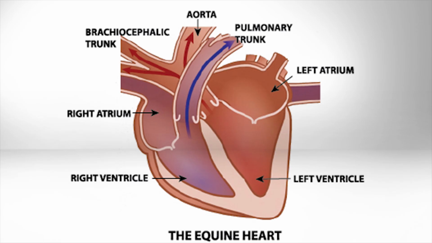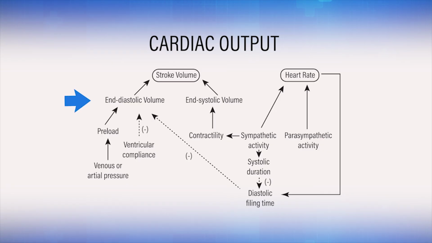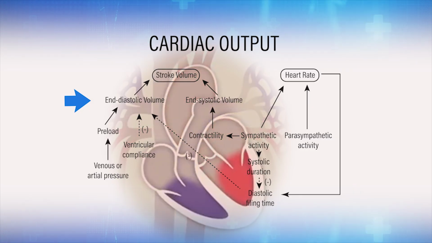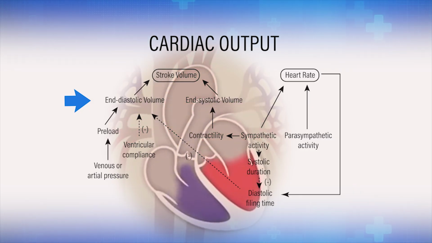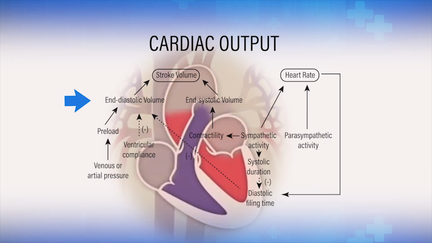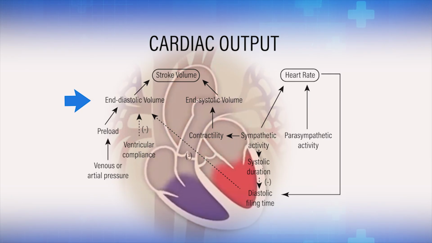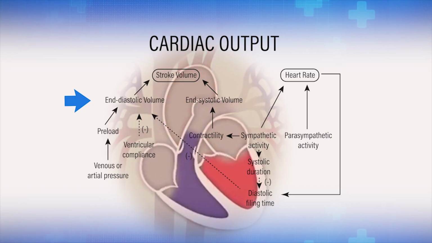So I increase my end diastolic volume. What does end diastolic volume mean? Remember, I have two types of movement within the heart: a systolic and a diastolic, right? So this is what's called my end diastolic volume.